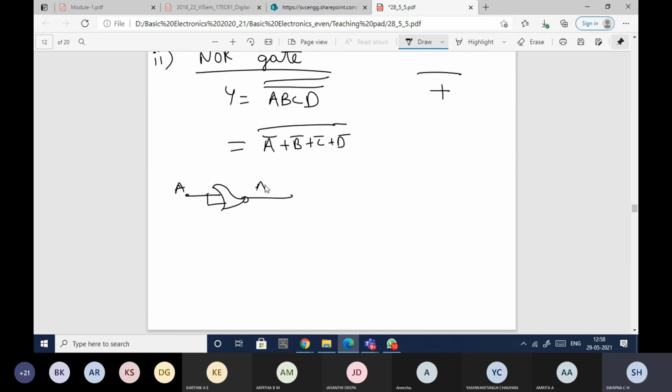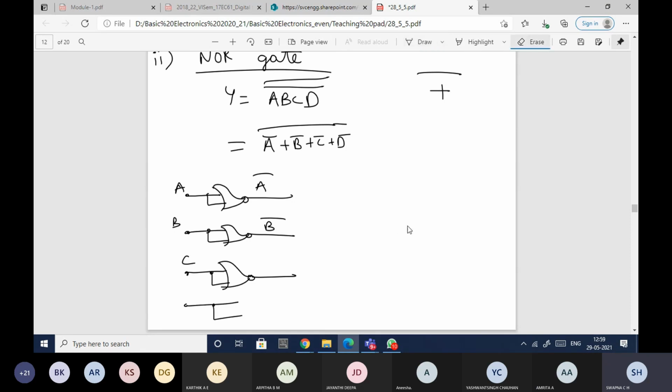A bar, B bar. See, here I am just using A, B, C once only, so I am directly taking it in this way instead of taking vertically. D. So it will be C. Here it will be C bar. Here it is D bar.